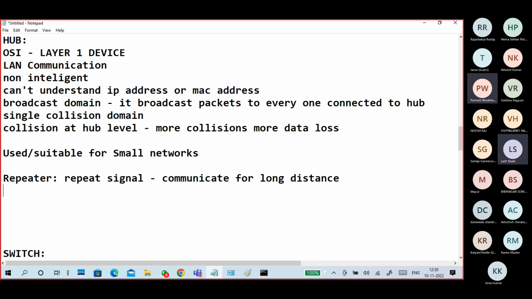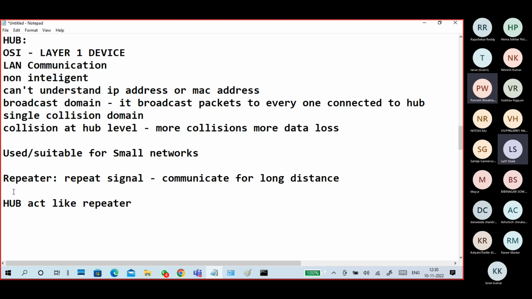A little long distance, not a very long distance, for a little long distance we use repeaters. Next, a hub acts like a repeater.